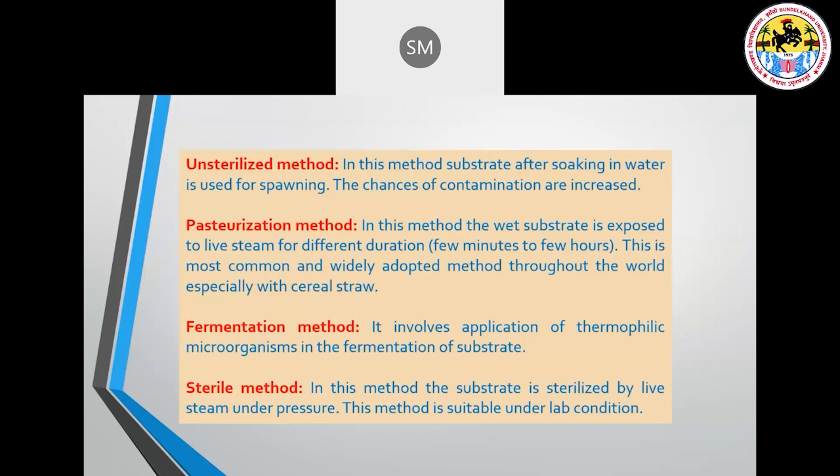or fermentation method. The sterile method is well known, very costly, and requires machines like autoclaves. In this method, the substrate is steamed by live steam under high pressure. This is very safe and sure; take it for granted that no bags are contaminated and we will find good growth of oyster mushroom in the substrate after using the sterile or autoclaving method.